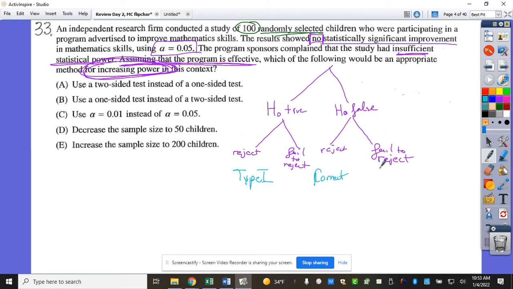What's this one? What do I associate with type 1? Because alpha is the probability of a type 1 error. What's my probability of type 2 error? Beta. And what is this one? Power.